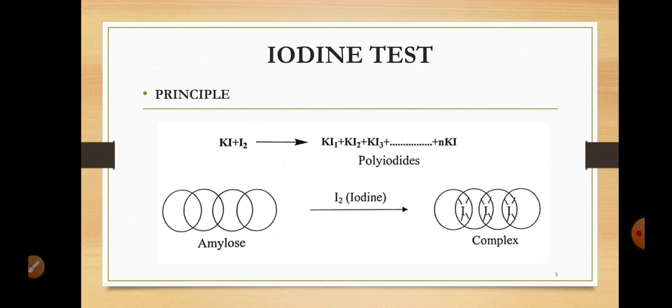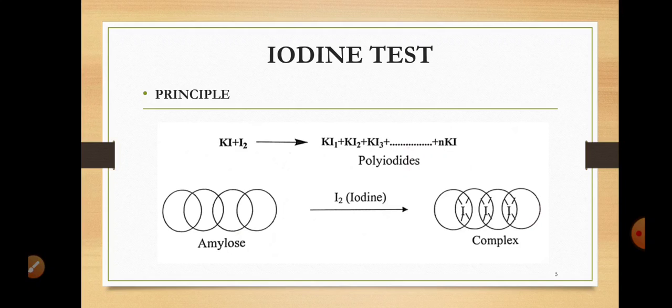When the amylose solution is heated after the color formation, the helical conformation is disrupted, that is, it gets broken down, and it loses its capacity to bind with the iodine.